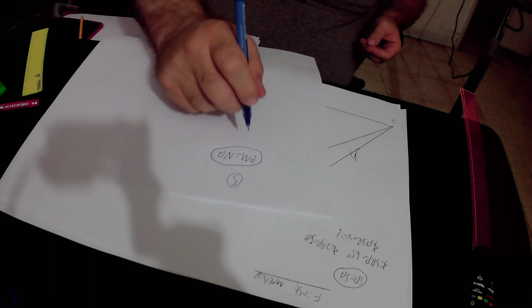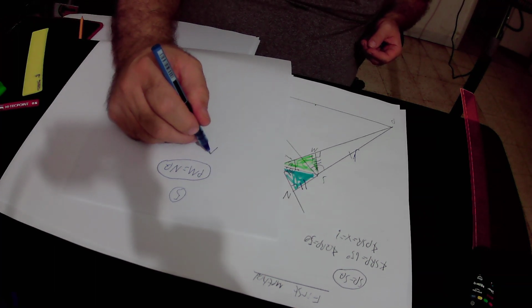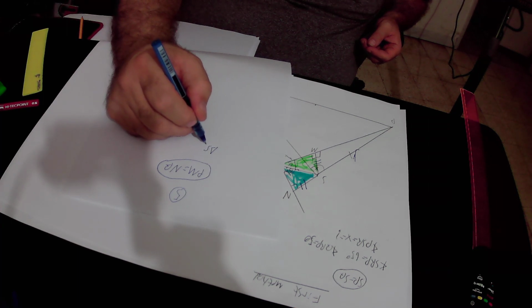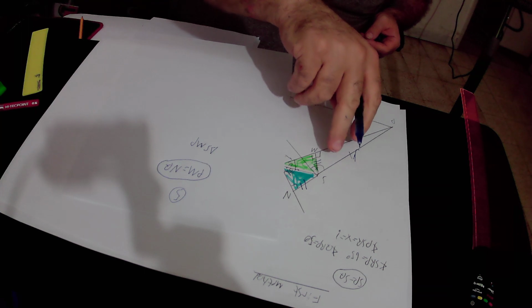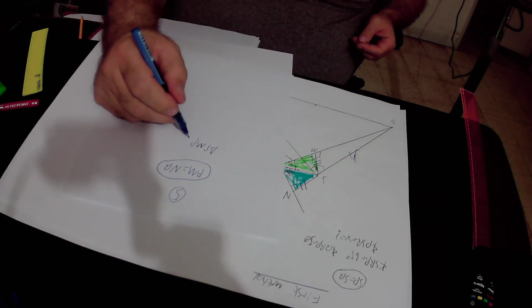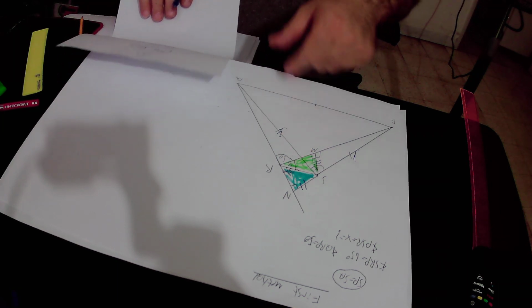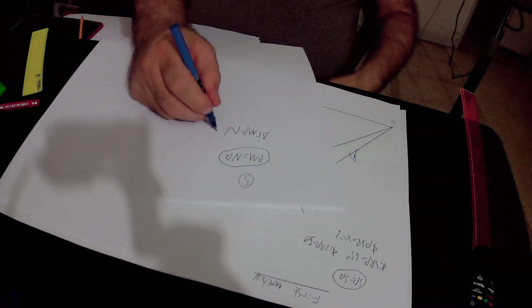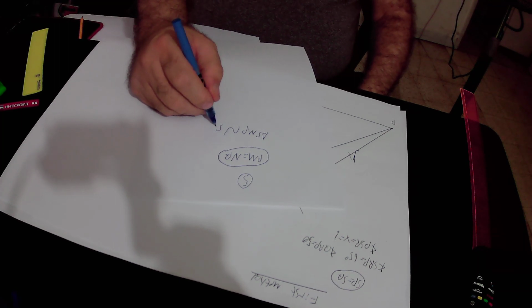So we actually proved that the right triangle SMP is congruent to the right triangle SNQ. This is the sign of congruence.